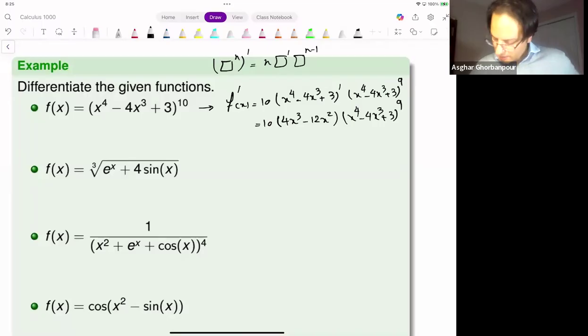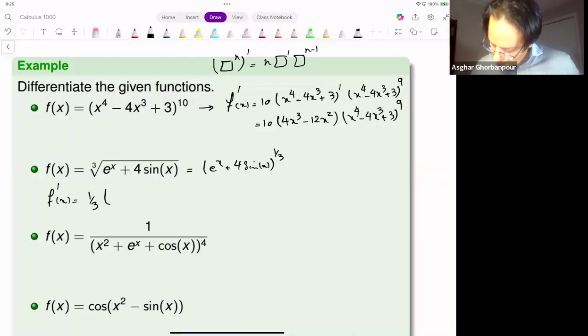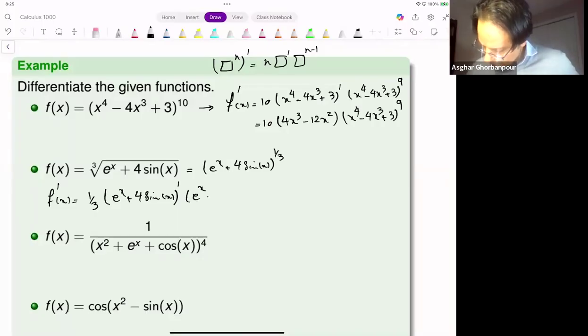Okay. This other one, the function is (e^x + 4 sine of x) to the power 1/3. So then f prime of x is going to be 1/3 times (e^x + 4 sine x) prime times (e^x + 4 sine of x) to the power 1 less.